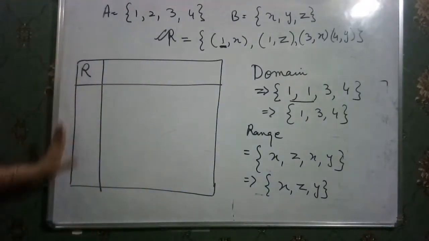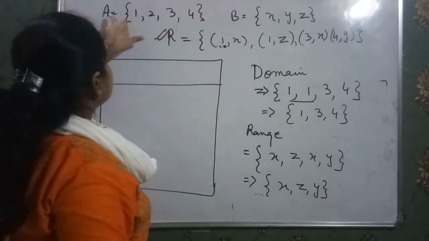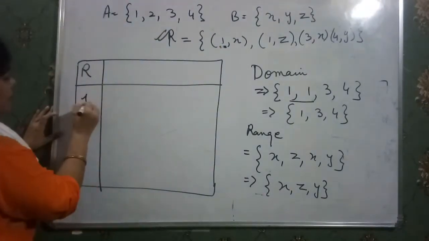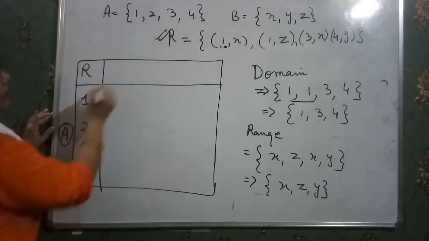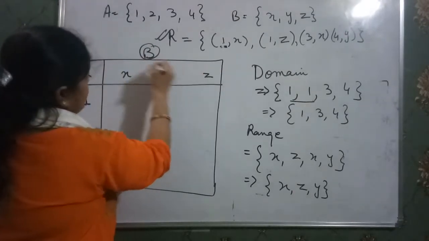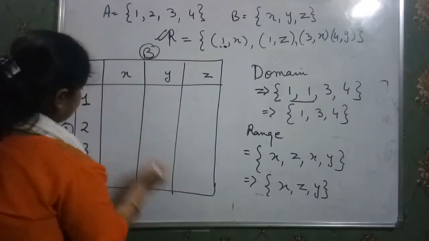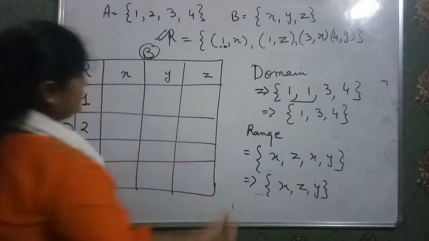In the vertical line, you write the elements which are in the domain place, that is set A: 1, 2, 3 and 4. Here the set A, and here the set B, that is X, Y and Z. Now make the boxes. Clear? In the tabular form.